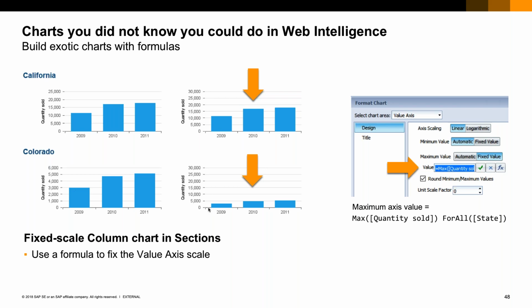And the way to make them look different is you have to use a formula again, and use a fixed value for the maximum of the value axis, using a formula that gives the maximum value you get across all the measure values for all the values of the dimension you're using on that chart, and then you use that as a maximum on the value axis.